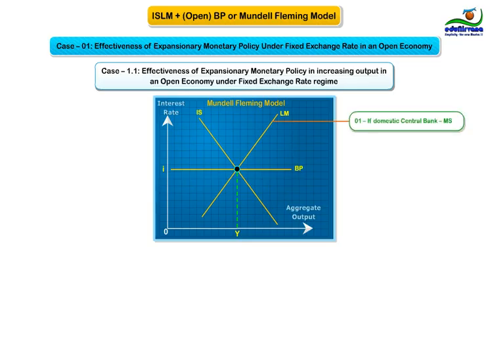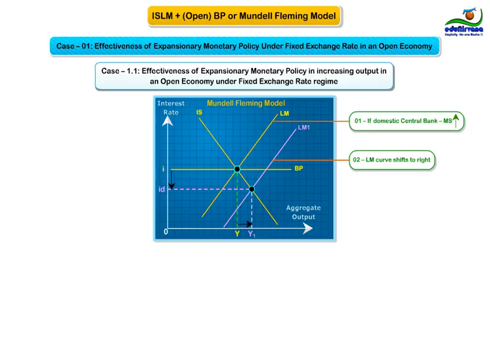If the domestic central bank increases the money supply, MS, then LM shifts to LM1, which results in a downward movement of the domestic interest rate, which results in an increase in aggregate output or income from Y to Y1.